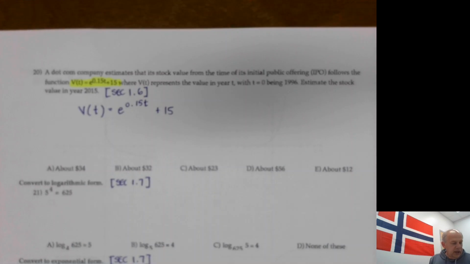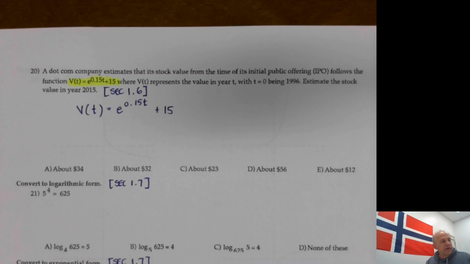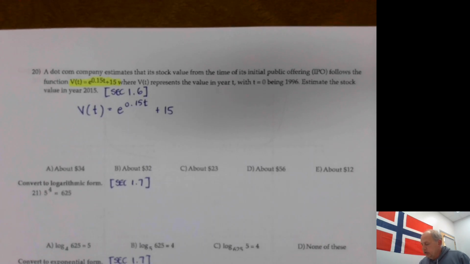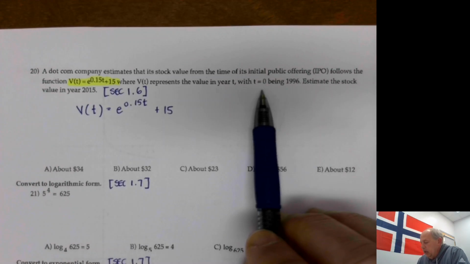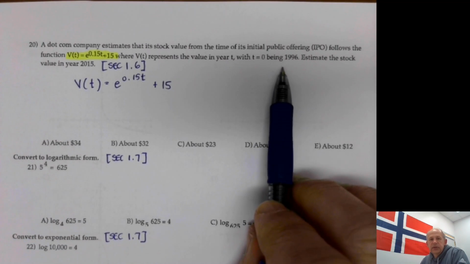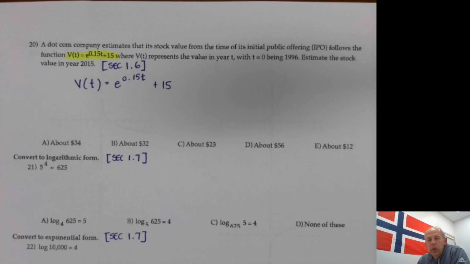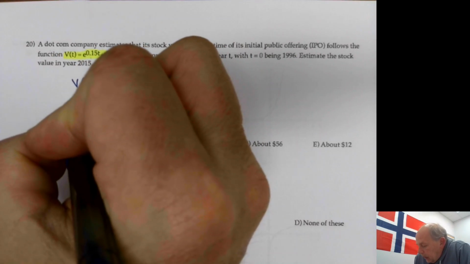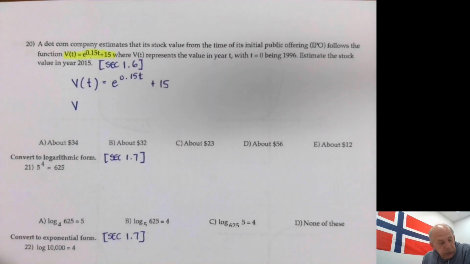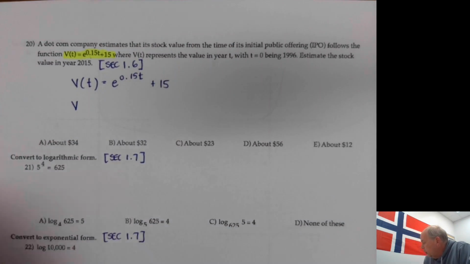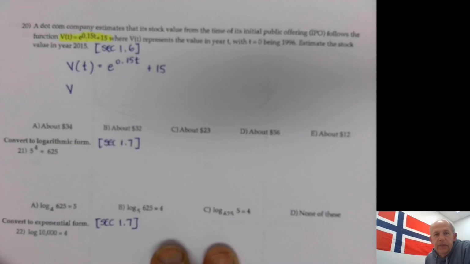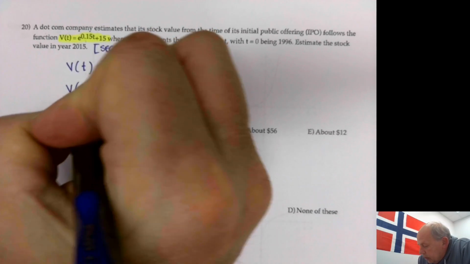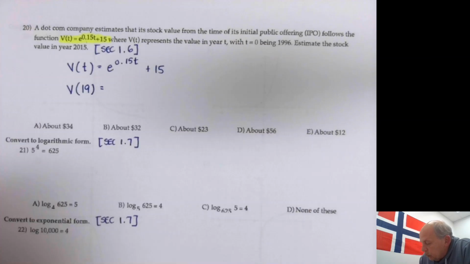We want to make a prediction of the value of a stock given this model. The company began its existence in 1996, and we wanted to see what the value of the stock was in 2015. Again, I have to figure out what I'm going to evaluate this model for t, and I'm going to use 19 for this one.